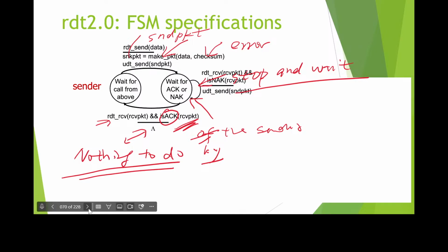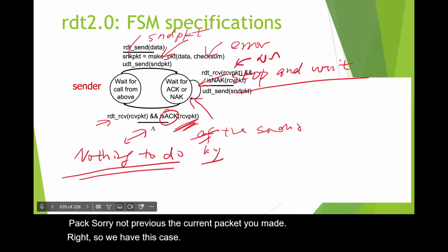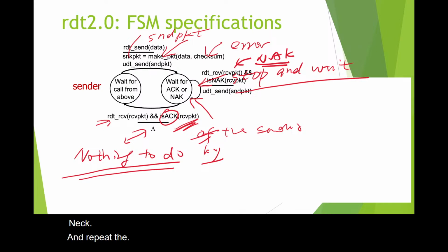If I receive, but it's NAK, so you should send the previous packet, sorry, not previous, the current packet you made, right? So we have this case, NAK, and repeat to transmit the current packet.